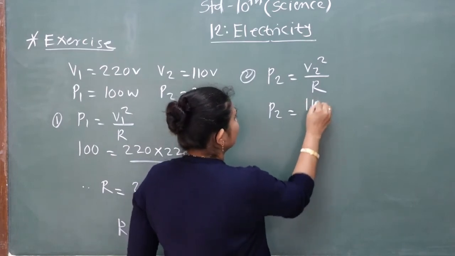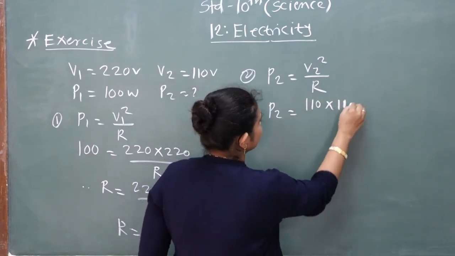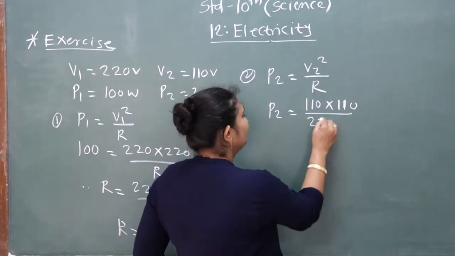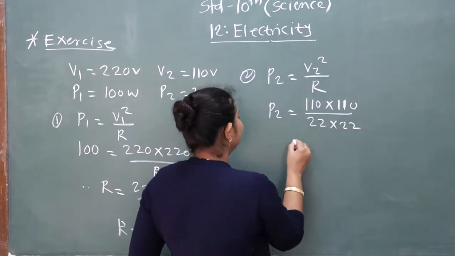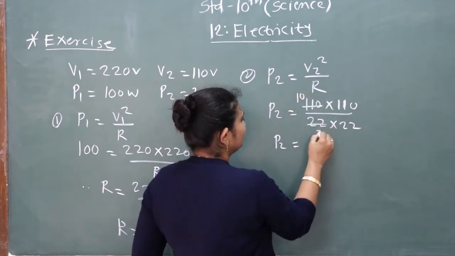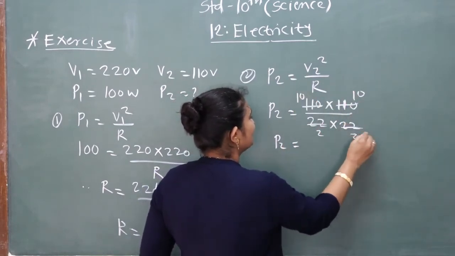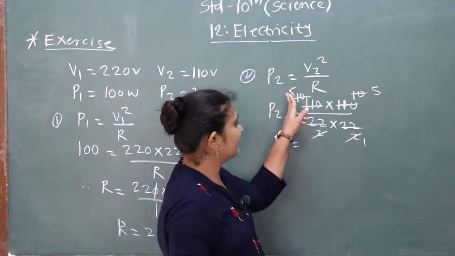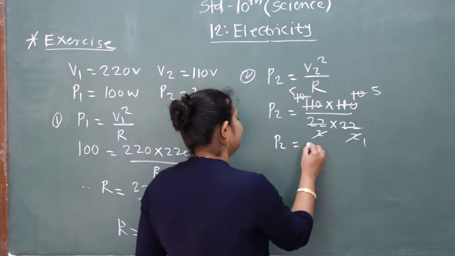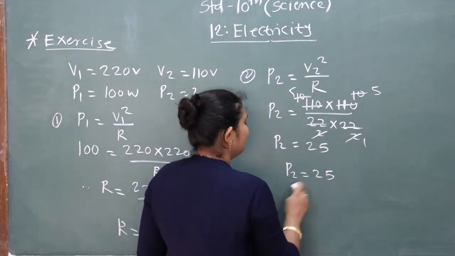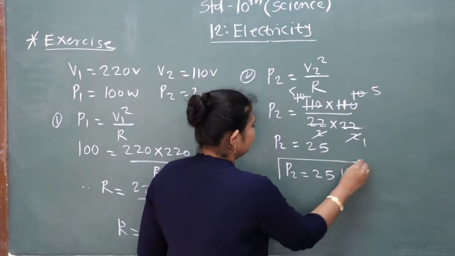V2 square, and what is the value of R? 22 into 22. Dividing, 11 ones are 11, 2s are 2, and we get 25. Then what is our final answer? 25. And obviously the unit of power is watt.